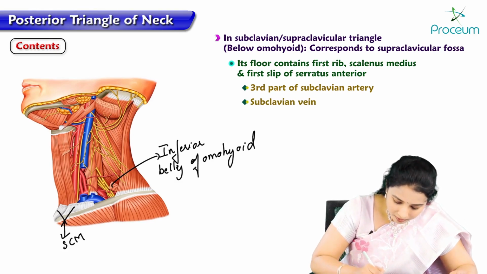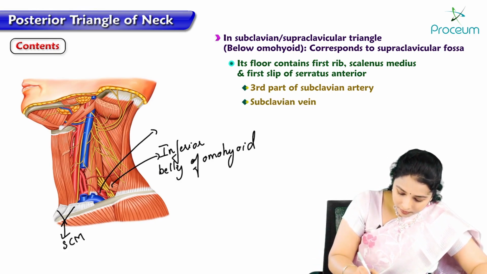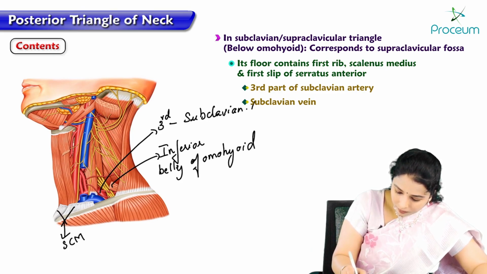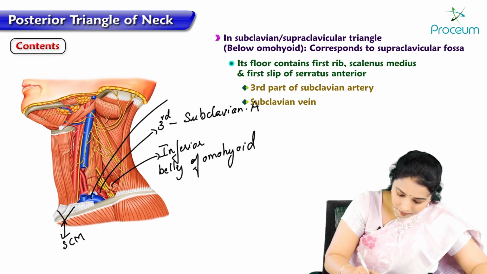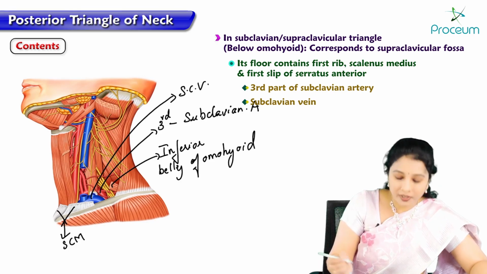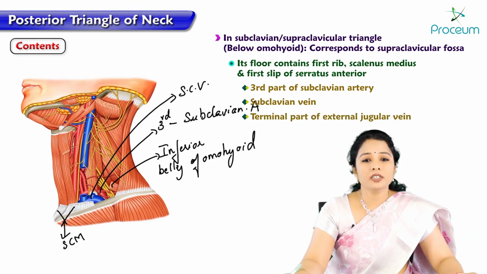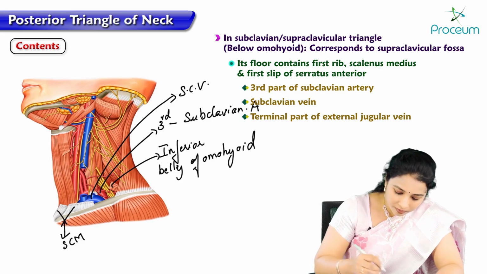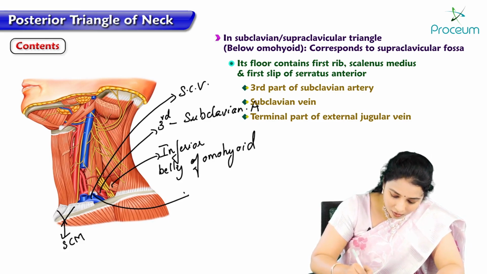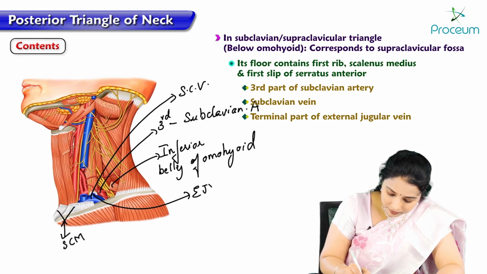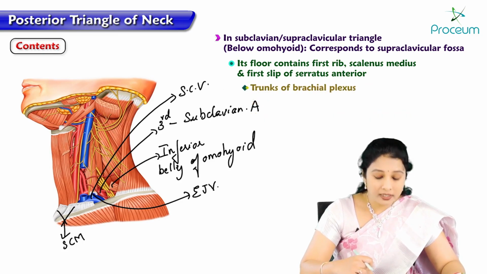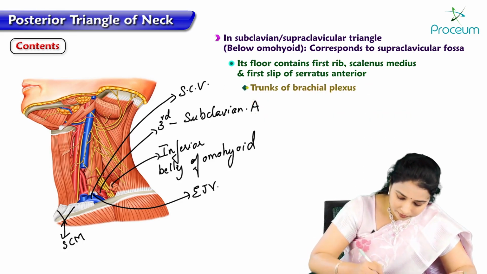So we can see the third part of the subclavian artery, and along with it the subclavian vein, and also the terminal part of the external jugular vein. The external jugular vein terminates into the subclavian vein. So we can see the cut end of the external jugular vein terminating into the subclavian vein, and the trunks of the brachial plexus.